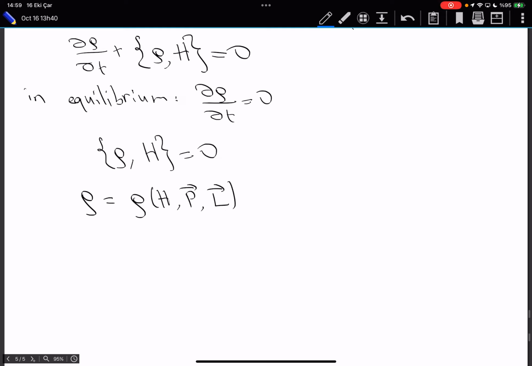Because the total momentum and the total angular momentum themselves are also conserved quantities. Or let me also add the N, the number of particles if the number is conserved. So this is the most general dependence. Well, we will see what these are. Any questions here?